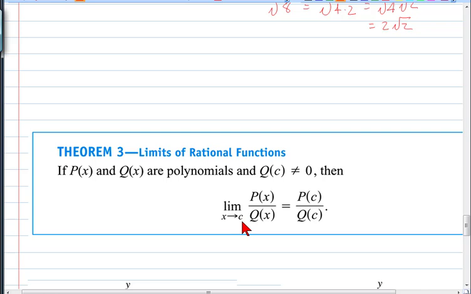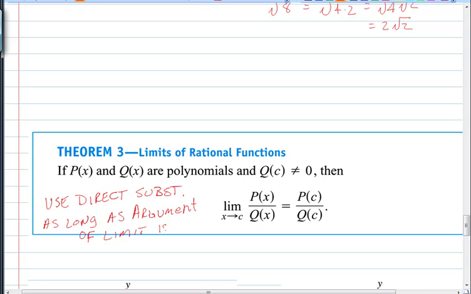If you have a rational function and the denominator is not going to be 0 when you use direct substitution, then you can use direct substitution on a rational function, as long as the argument of the limit is defined.